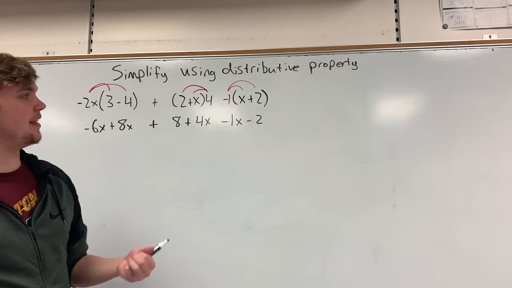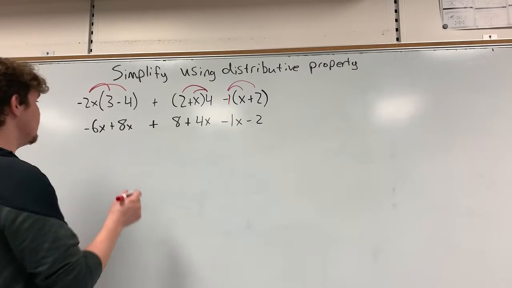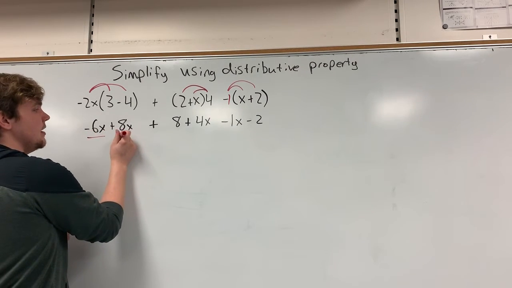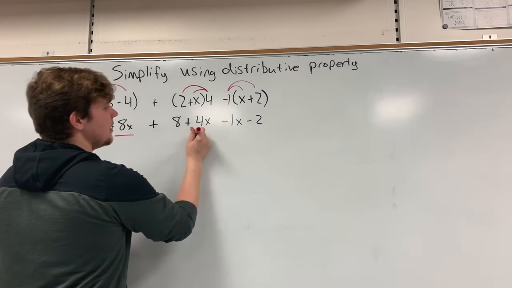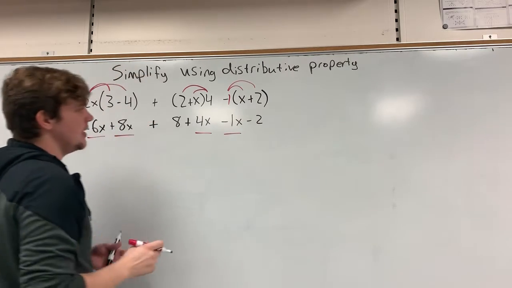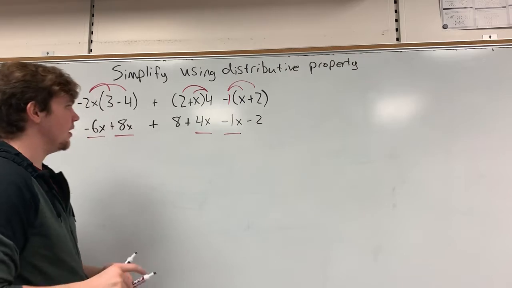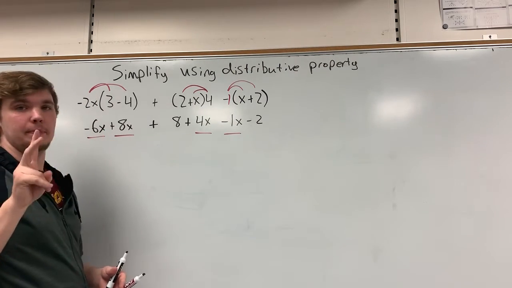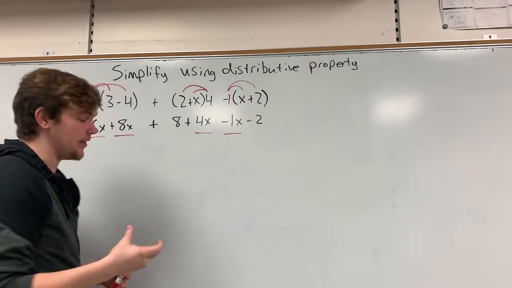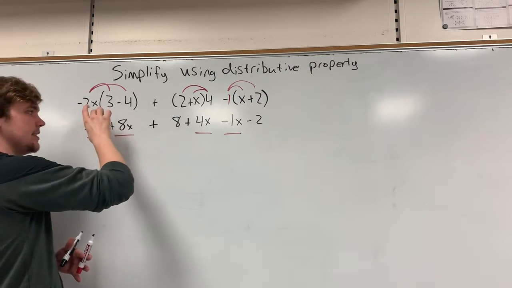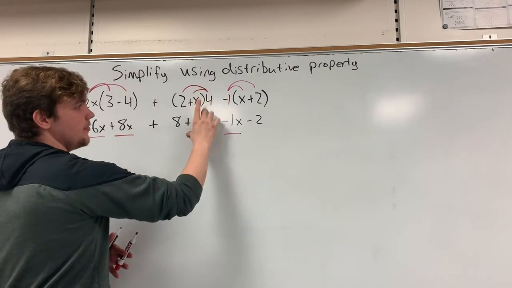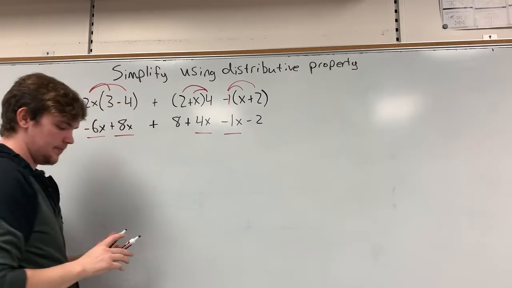I'm going to take everything that does have an x. This has an x, this has an x, this has an x, and this has an x. These are all like terms. These are the apples of the problem. So I'm going to combine all of my apples together, all of my x's together. So I have a negative 6x plus an 8x plus a 4x minus a 1x.